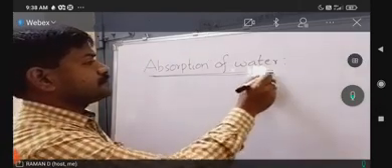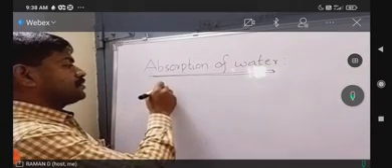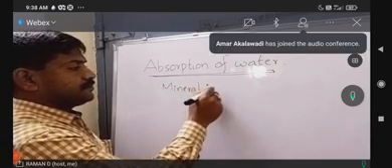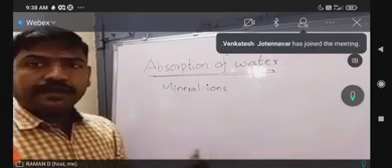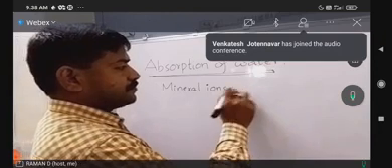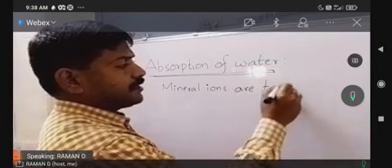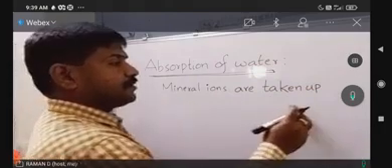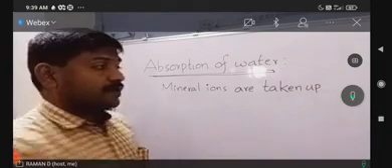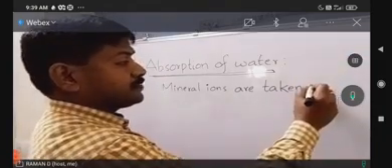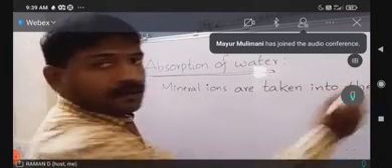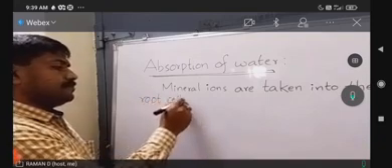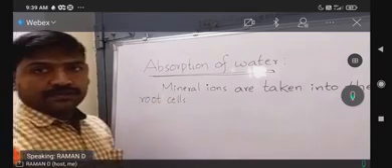Initially, mineral ions are taken up by the root cells, taken into the root cells, by spending energy.